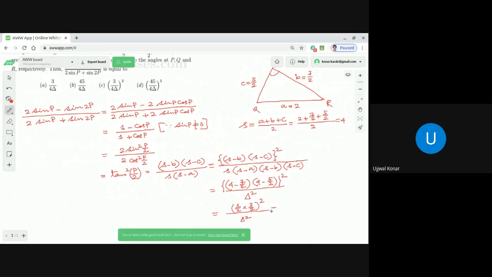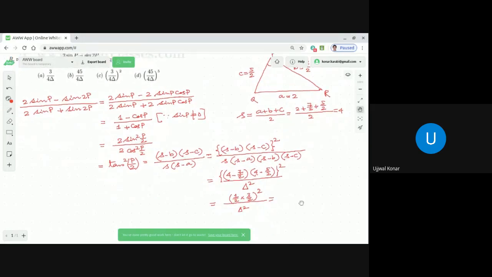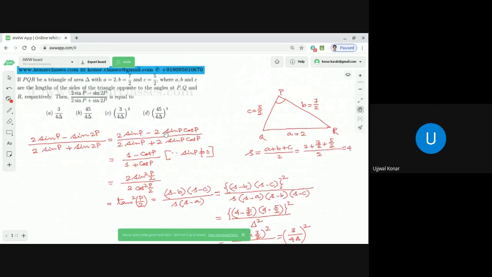So that is equal to 9 by 4 delta square. That means 3 by 4 delta whole square. So we get 3 by 4 into delta whole square, and eventually we get the correct option as option C.